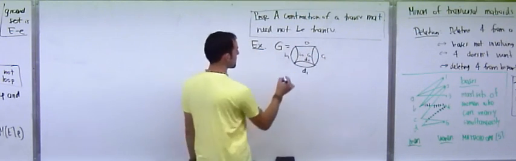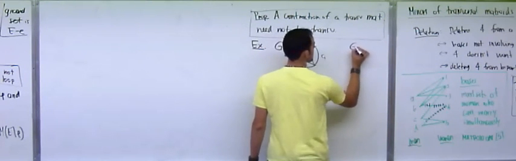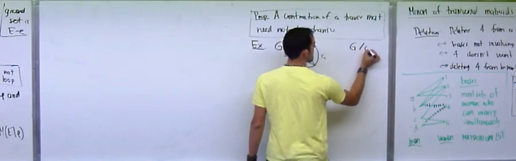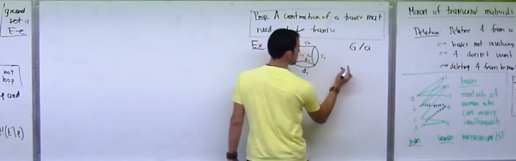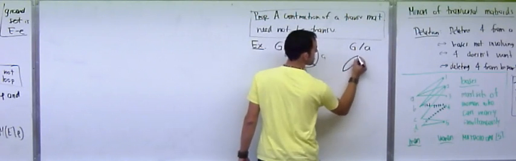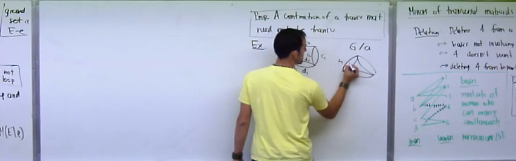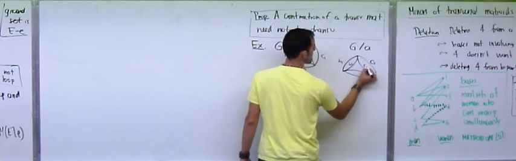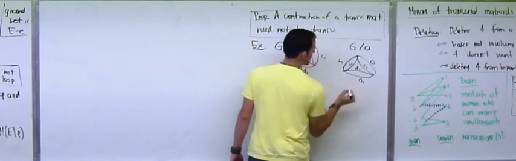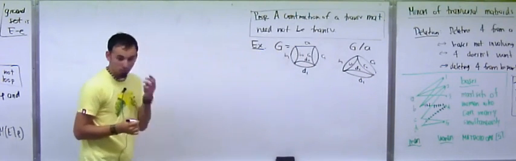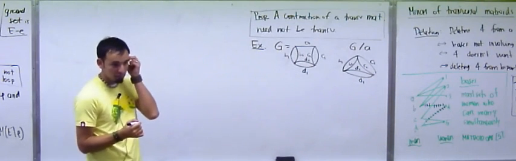And I'm going to consider the contraction of A. So when you contract A, what you get is this graph right here, with B1, B2, C1, C2, D1, D2. These graphs define two graphical matroids.